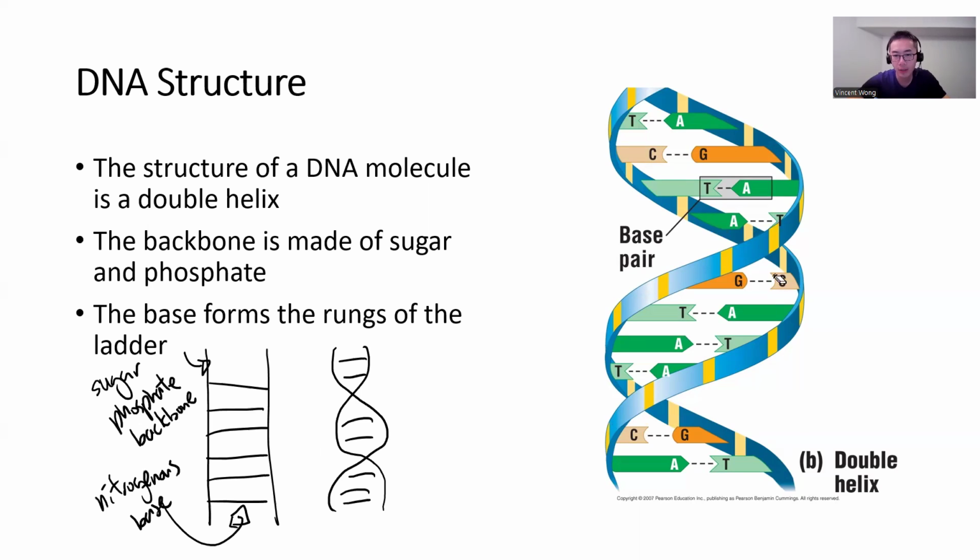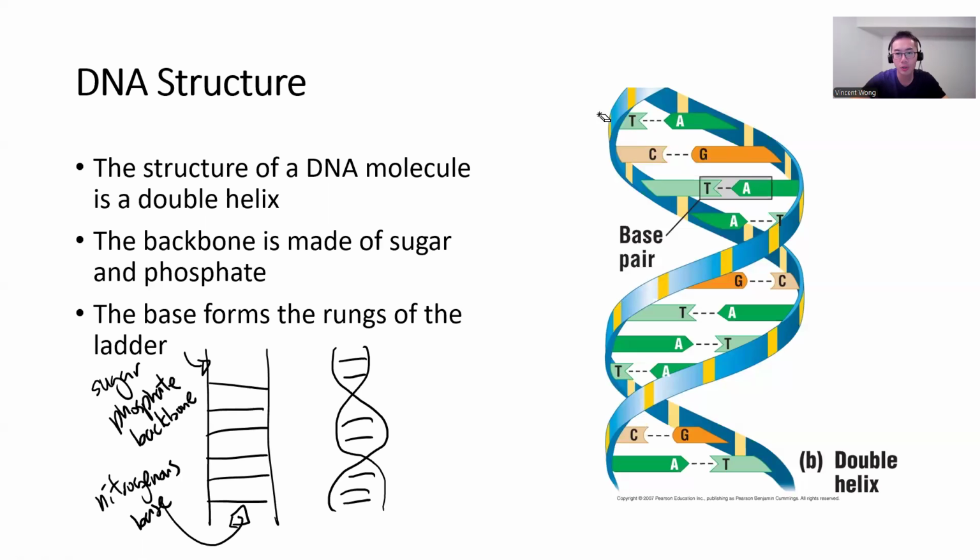If you look at the diagram here, the blue and yellow pattern, that's the backbone. That's the side of the ladder. Yellow is the phosphate, blue is the sugar. So it's just sugar, phosphate, sugar, phosphate, all the way down.